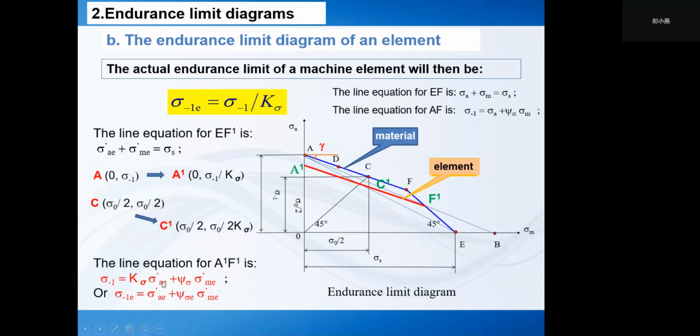Okay. And we know the equation of line E F1 and A1 F1, a little different from this, okay?